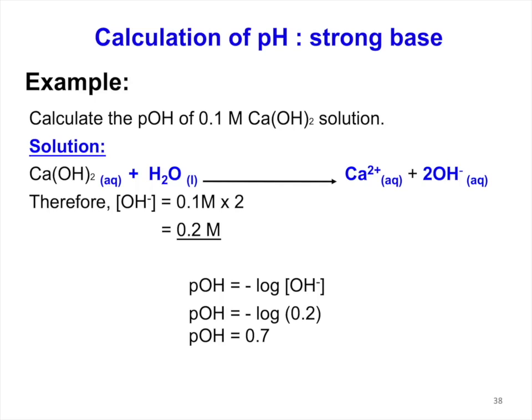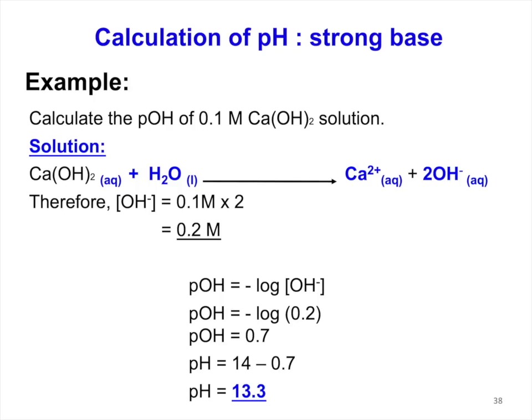The concentration of OH- ion can be obtained directly from the molarity of the strong base. Since the molarity of the base is 0.1, the concentration of OH- ion would be 0.1. But since it produces 2 moles of OH- ion, the concentration is 0.2 molar.